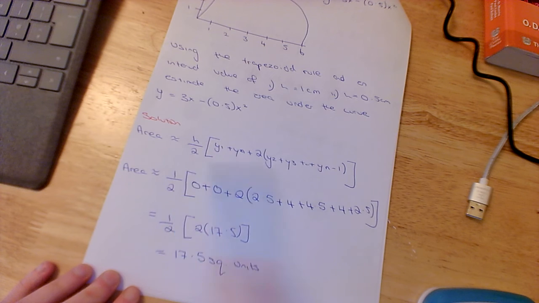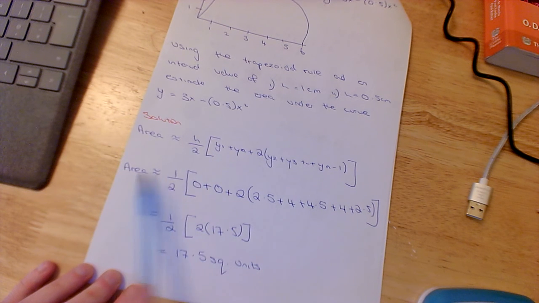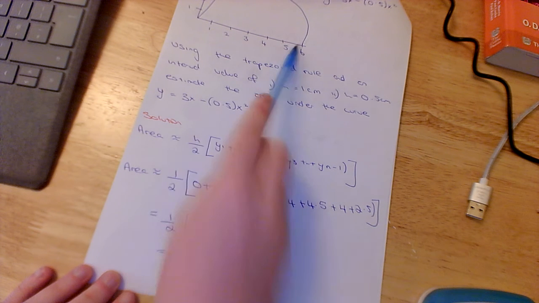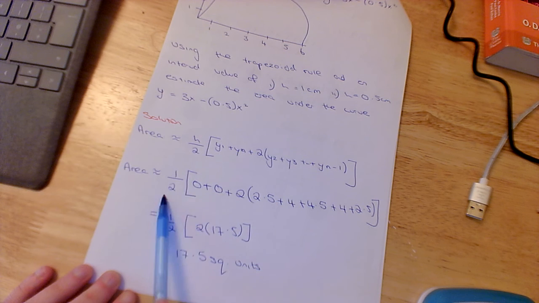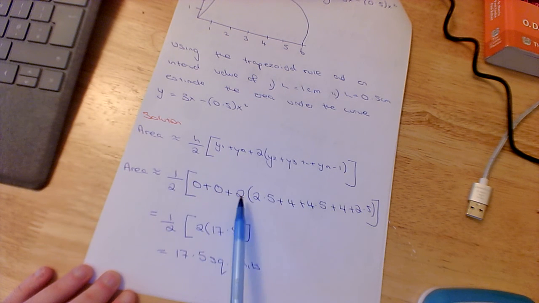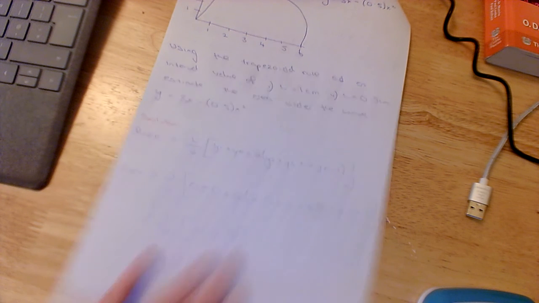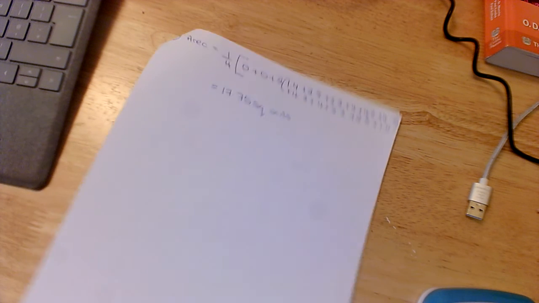So my solution: it's h over 2, I'm using the trapezoidal rule formula. The gap between my widths is 1, so it's 1 over 2 bracket, my first term is 0, my last term is 0, plus twice everything in the middle, and I get that my answer is equal to 17.5 square units.